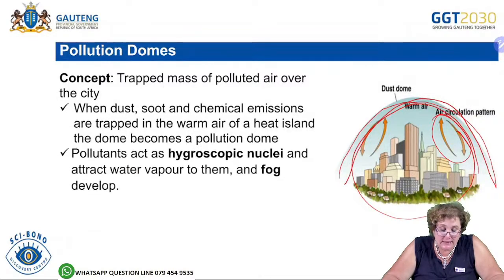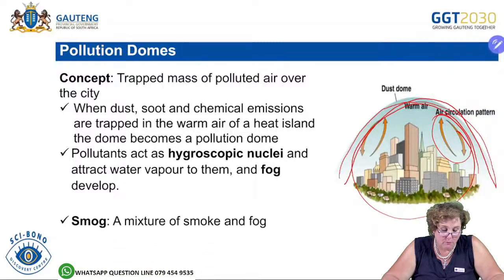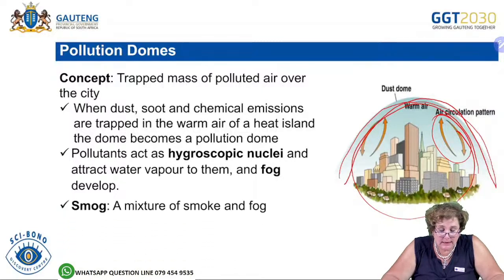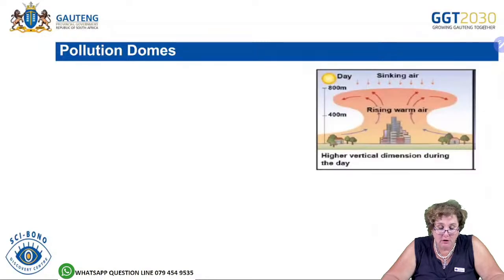The pollutants are hygroscopic nuclei and attract water vapor to them, and fog develops. The water vapor forms around these hygroscopic nuclei, and it will form fog. Smog is a mixture of smoke and fog.